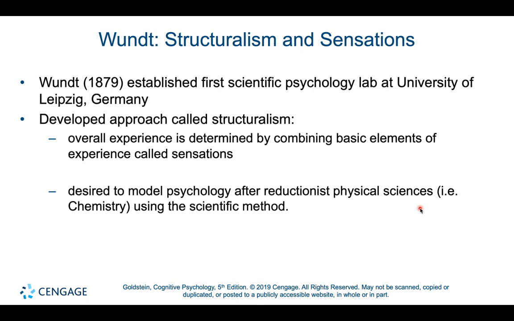Reductionistic meaning we want to take a phenomena, whether that phenomena is an atom or a beam of light, or in Wundt's case, mental activity, and reduce it to its pieces and its parts so that we can understand it and understand how it works and what it does. We want to reduce its physical properties so that we can understand it. And so he set out to explicitly do that with the mind, with psychology.